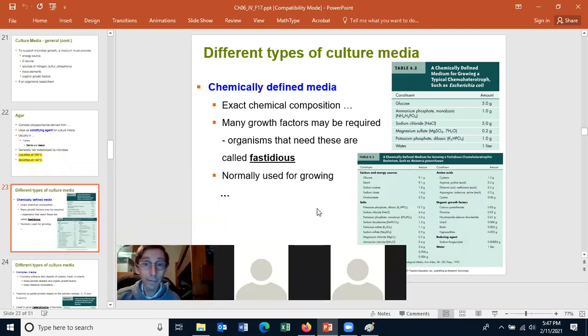There are different types of culture media. A chemically defined media is one where we know the exact chemical composition of all of the molecules in the media.